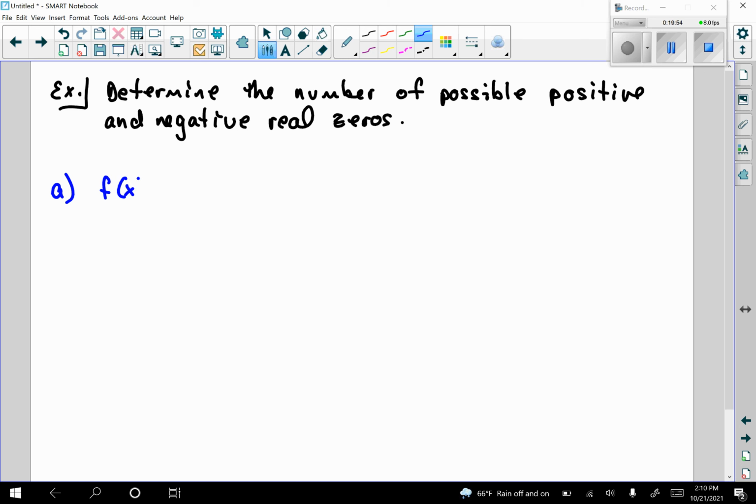So let's look at f of x is equal to x to the 5th minus 6x to the 4th plus 12x cubed minus 12x squared plus 11x minus 6.